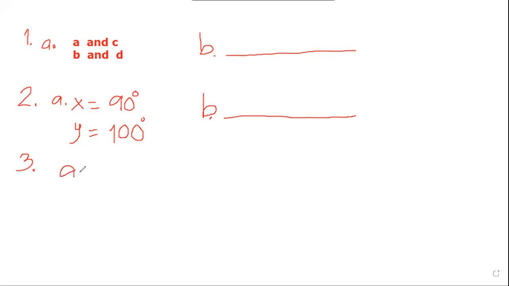Now x is outside, and the equal angle is the opposite angle inside. So x is equal to angle C. So this is angle C. You answer letter B.